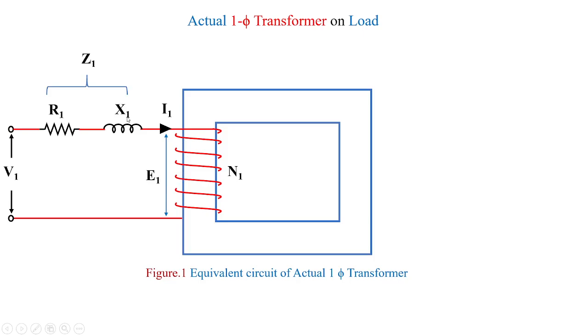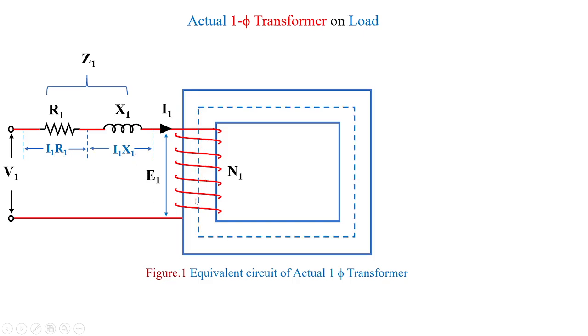R1 and X1 are treated as the real component and the reactive component. Overall this is treated as the impedance of the primary winding, and the drop when current flows through the resistor is I1R1 and the drop across the reactance is I1X1.